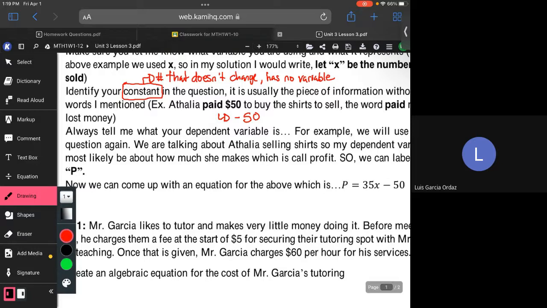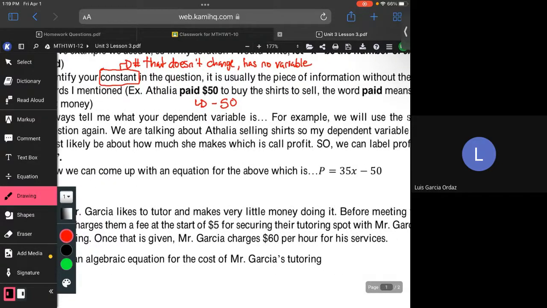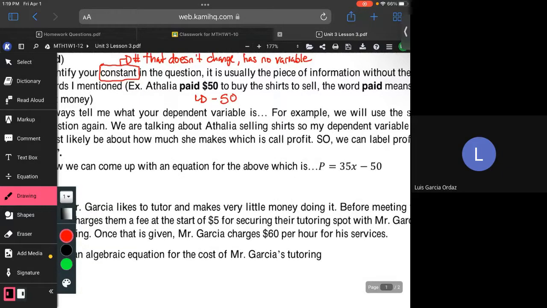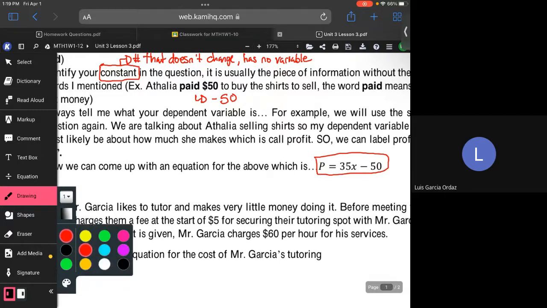So now we can come up with our equation, which is P is equal to 35x minus 50. P is my profit. 35x is each shirt costs $35 to sell. And minus 50 means I lost $50 right off the bat because I had to pay $50.